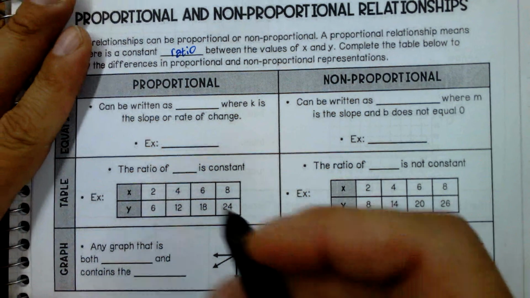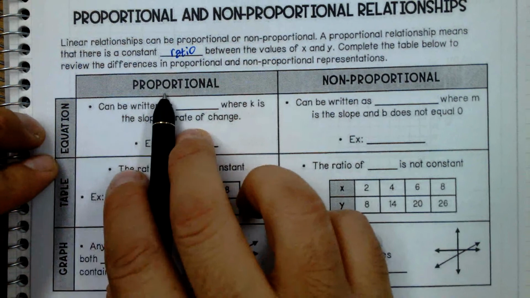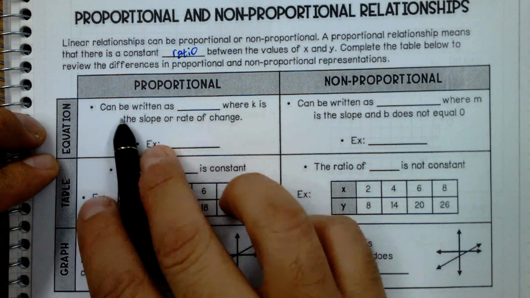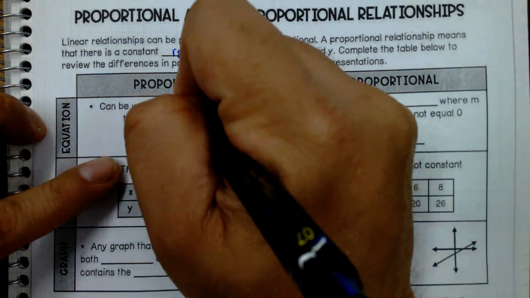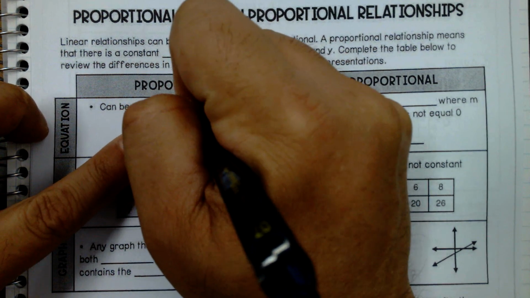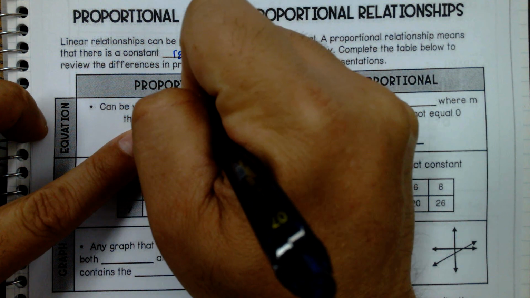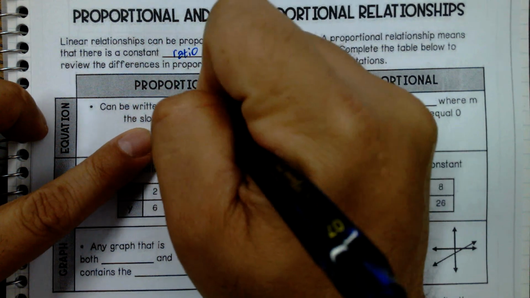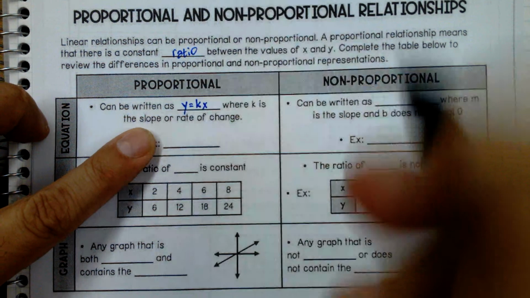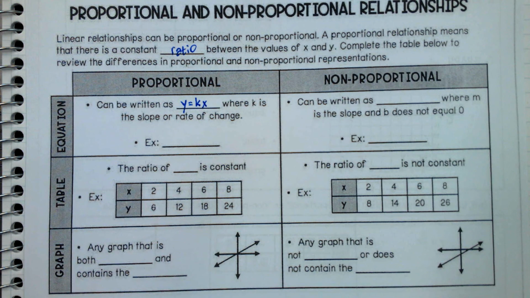So here is the thing. Proportional relationships can be written as y equals, and sometimes they use, instead of m, they use k. So I'll use k, x. So that's the linear equation for a proportional relationship, where k is the slope or rate of change.